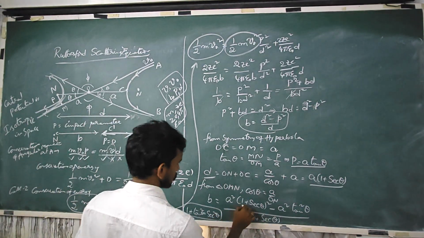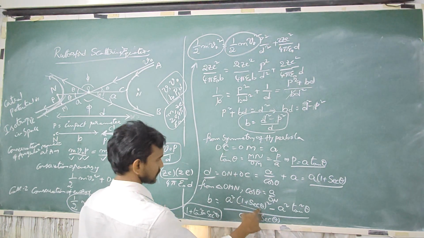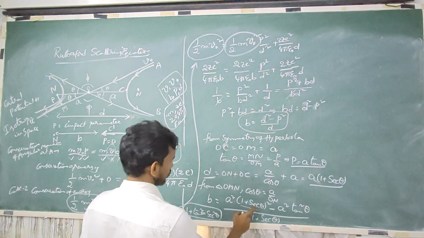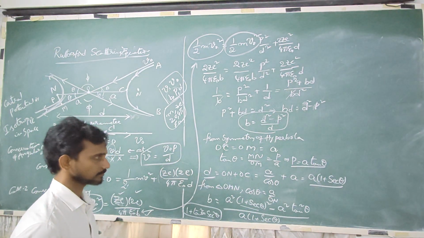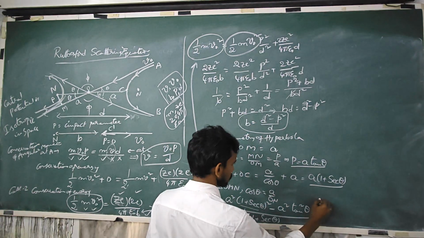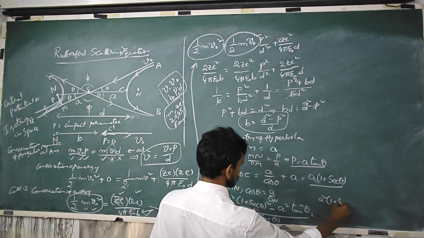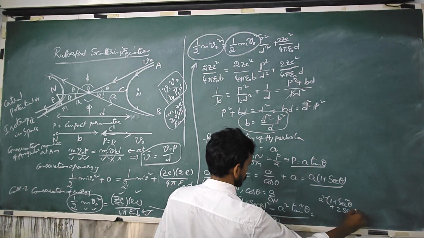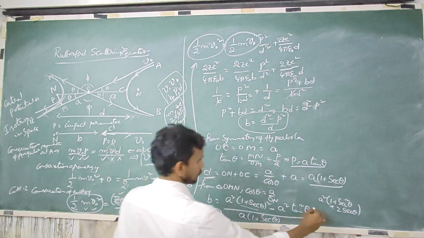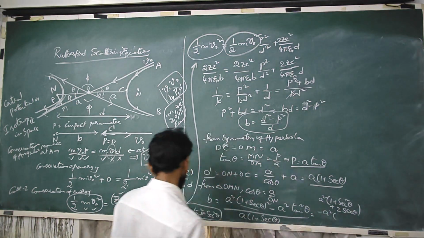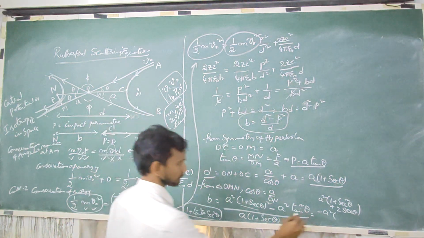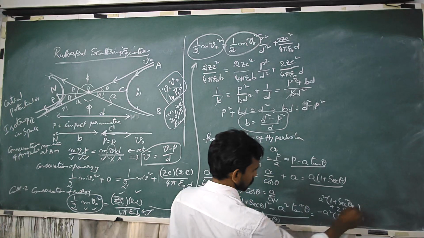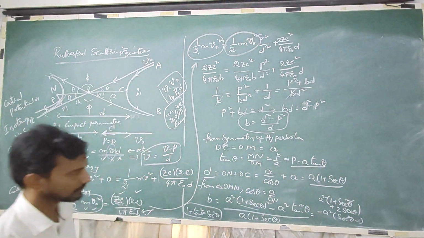So here you get 1 plus secant square theta plus 2 secant theta. So what you get is a square times 1 plus secant square theta plus 2 secant theta, minus a square times tan square theta, which can be written as secant square theta minus 1. So this secant square theta gets cancelled.